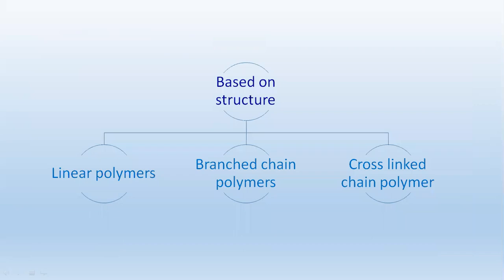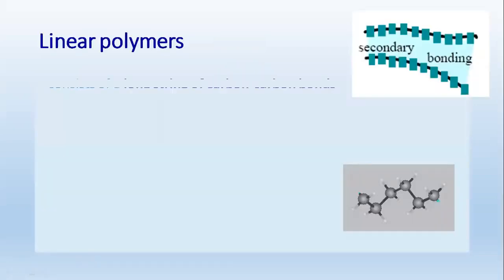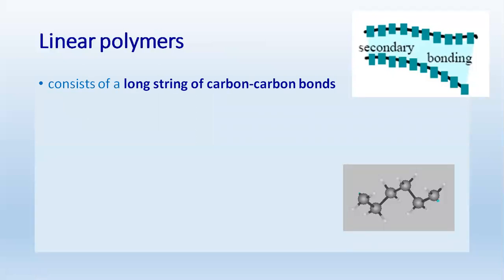Based on the structure: linear polymers, branched chain polymers, cross-linked chain polymers. Linear polymers consist of long strings of carbon-carbon bonds.